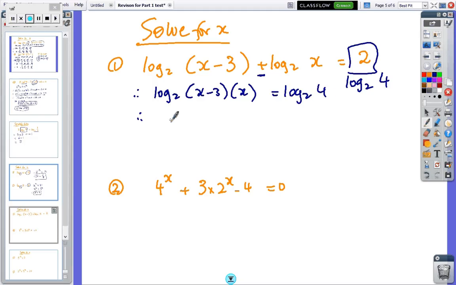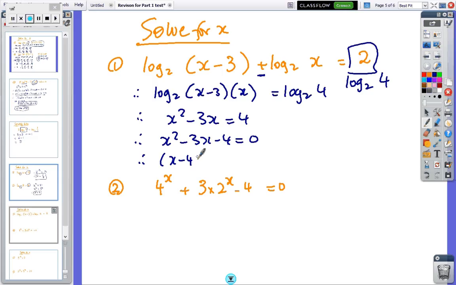Okay, so now we've got x squared minus 3x equals 4. You can forget the logs. So x squared minus 3x minus 4 equals 0. So x minus 4, x plus 1 equals 0. So x equals 4 or negative 1.